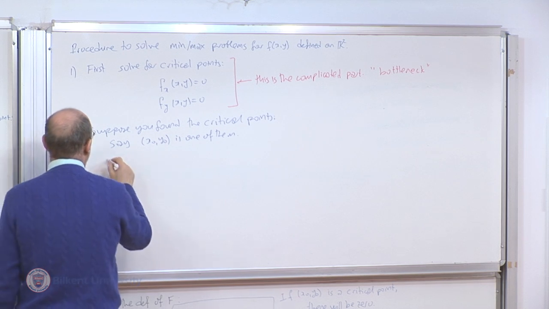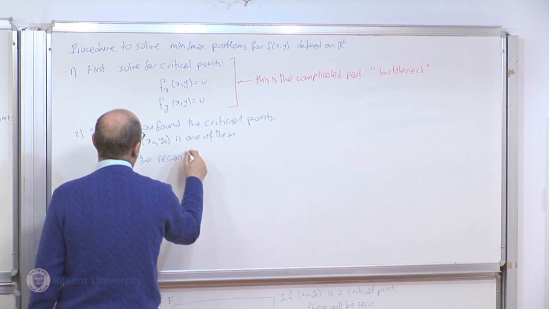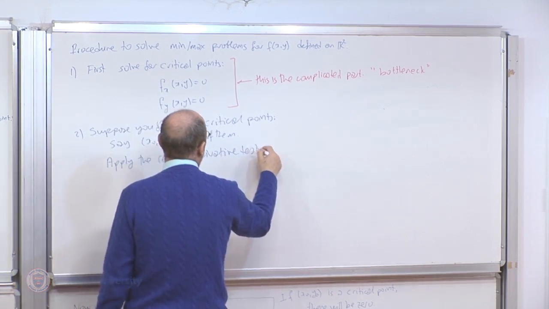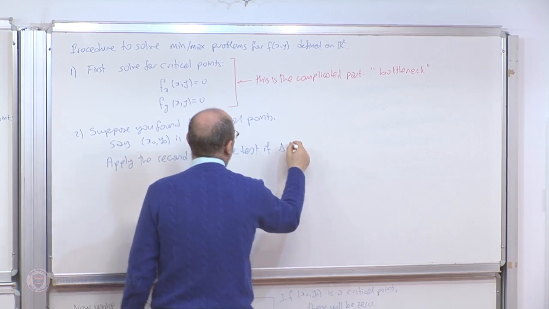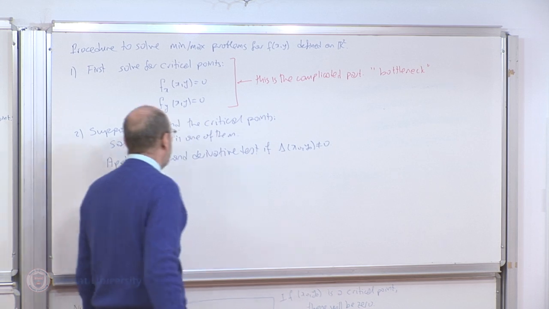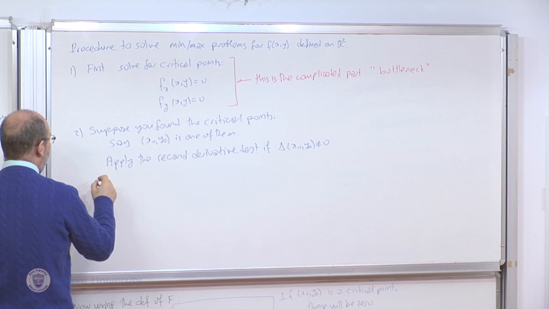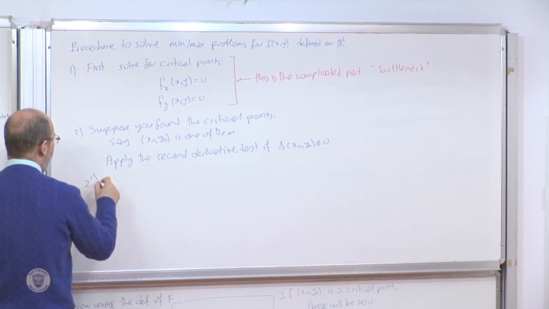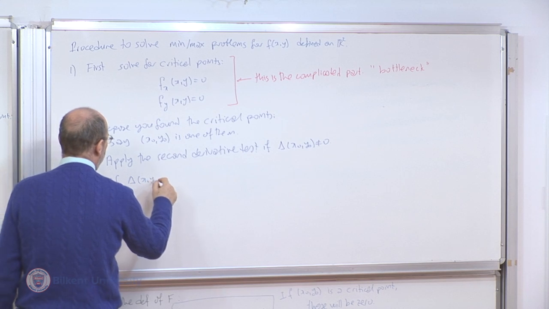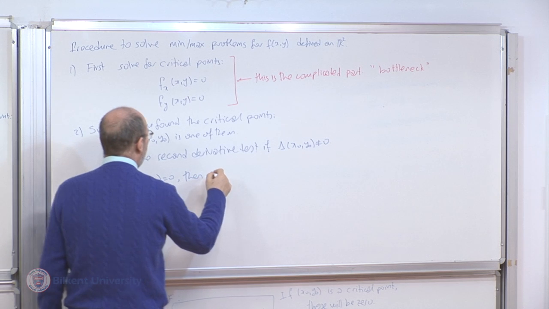Apply the second derivative test if the discriminant at that point is different than 0. Okay, now if you are lucky, it will be finished here. If the discriminant at this point is equal to 0, then you are on your own.